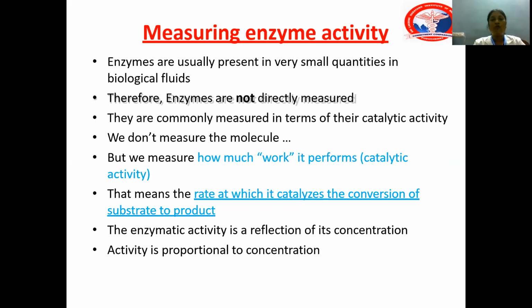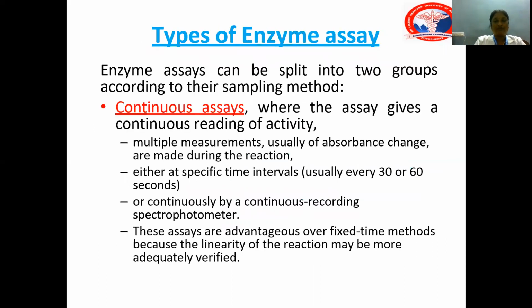We measure how much work it performs, the catalytic activity, which means the rate at which it catalyzes the conversion of substrate to product. So the enzyme activity here will reflect the concentration of the enzyme. We determine that activity is proportional to concentration.